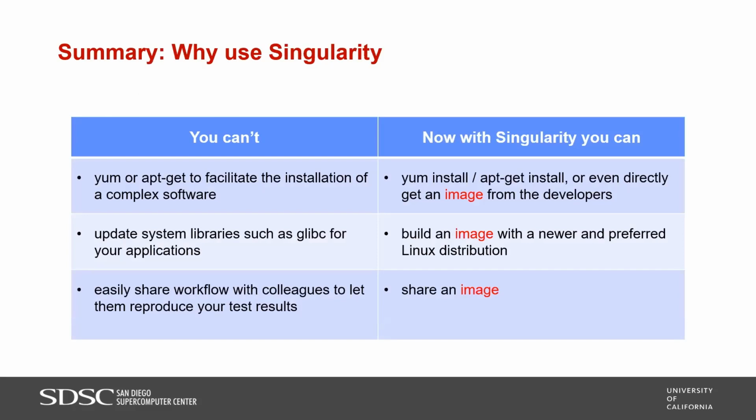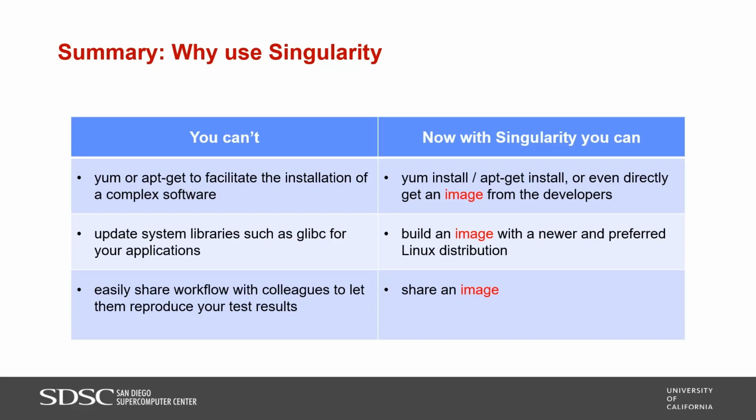Okay, so here is a short summary of why we use Singularity. Without Singularity, or without a container tool, you cannot use Yum to install some base software, and hence you cannot use Yum to install any software actually.